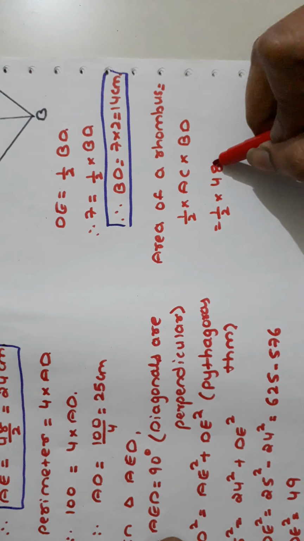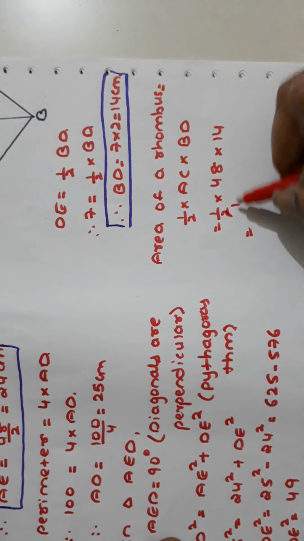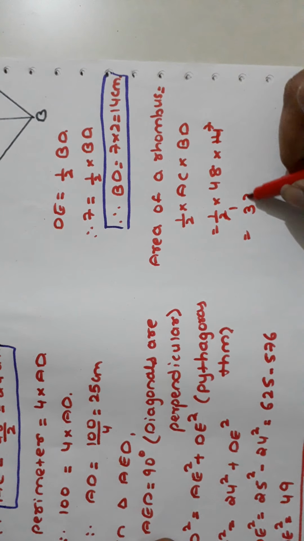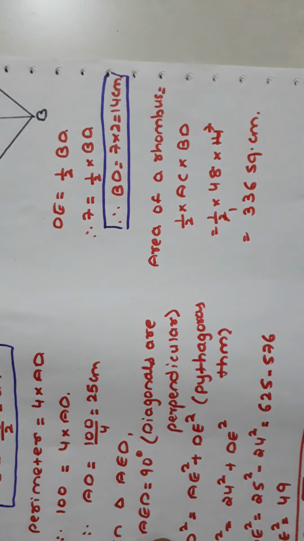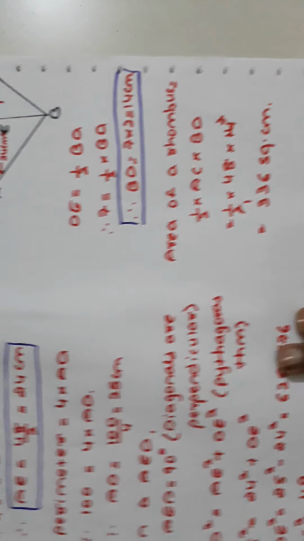Half into AC is given 48 into BD is 14. 1 time, 7 time, and 48 into 7 is 336 square centimeter. So with the help of the perimeter and length of one diagonal, we are able to find the area of a rhombus.